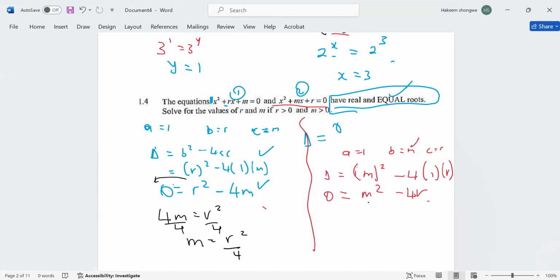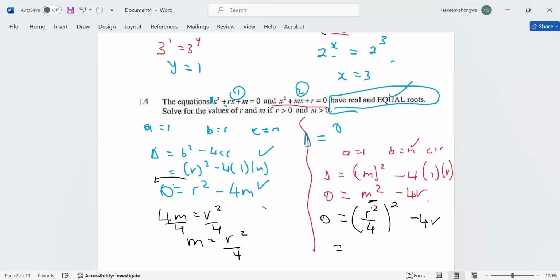Everywhere we see m here, we can say 0 is equal to open bracket r squared all over 4, all squared, minus 4r.